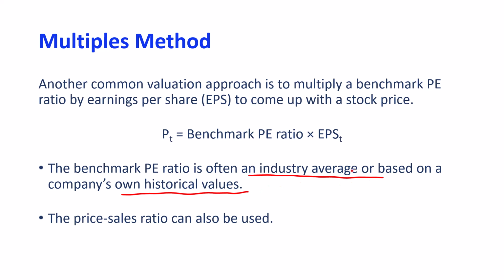So you can either find 4 companies that are in the same industry as you and calculate their PEs and take the average of those, or look up the PE ratios for your company in the past 5 years and take the average of the past 5 years. Either of these will give you a good benchmark for the PE ratio. And then you multiply that by the earnings per share of your company. That gives you the price for this common share, the common share that doesn't pay dividends.